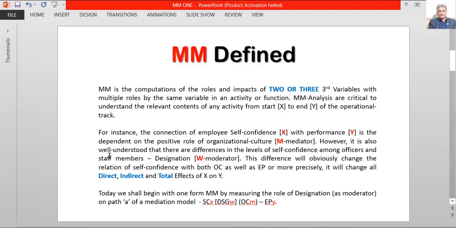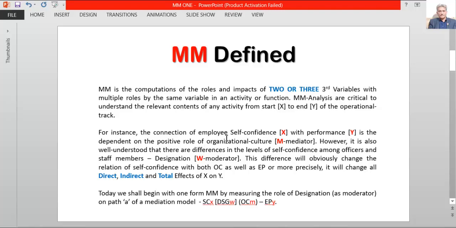However, it is also well understood that there are differences in the levels of self-confidence among officers and staff members. The mediation model used all the employees, both officers and staff, at the same level. However, we know that officers and staff members have different opportunities to use their self-confidence in affecting their performance.